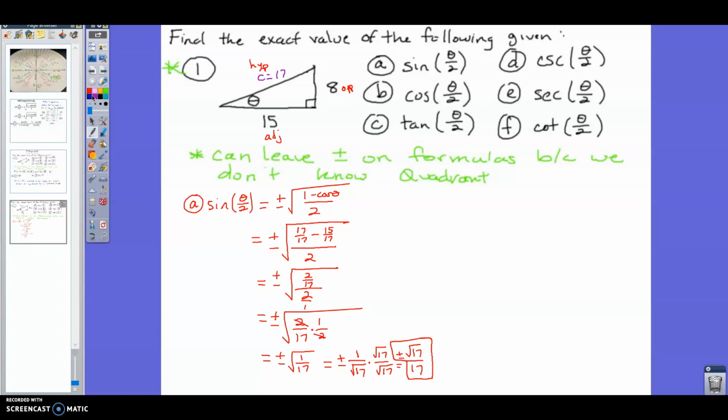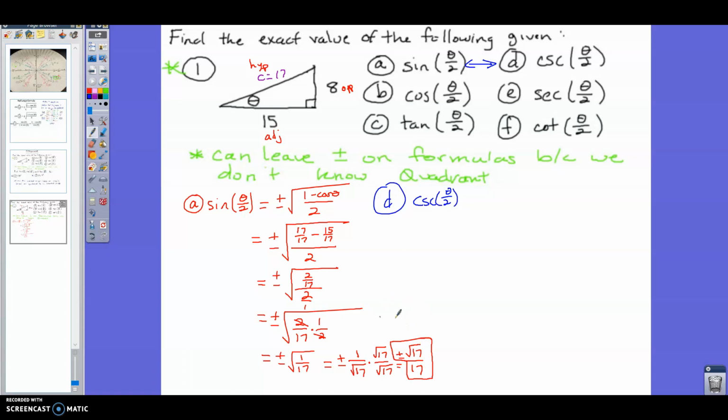Now the next easiest part to find is going to be part D, because these two are reciprocals of one another. So since we know that they're reciprocals, really all we need to do to find the cosecant of the half angle is to flip what we got for sine. Now we can start here, but if we flip that, notice that we're going to have a square root in the denominator.